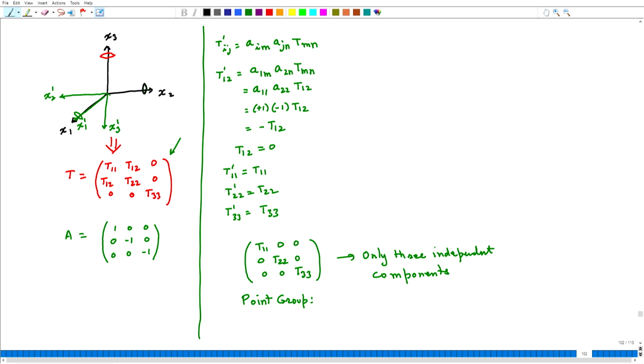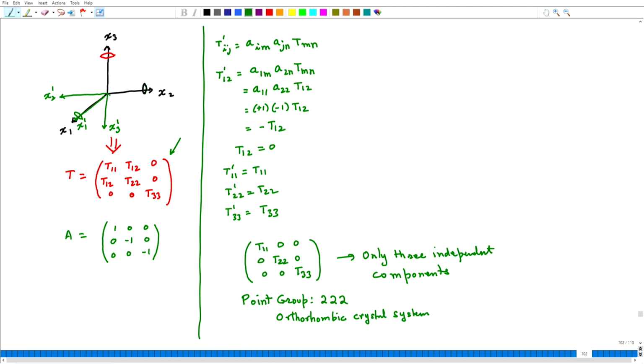So, the point group clearly is, when I have three two-fold axes meeting at 90 degrees to each other, 2 2 2. What crystal system would this point group be associated with? Think about it. It is simply the orthorhombic crystal system. So, for all orthorhombic crystals, a second rank tensor will have only 3 independent components.